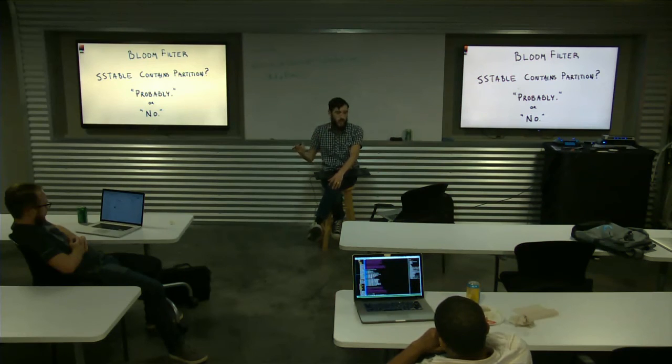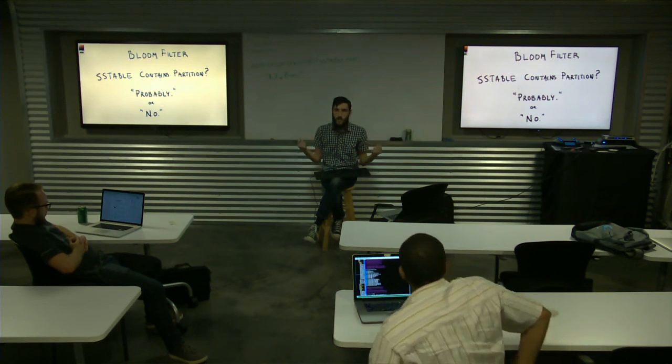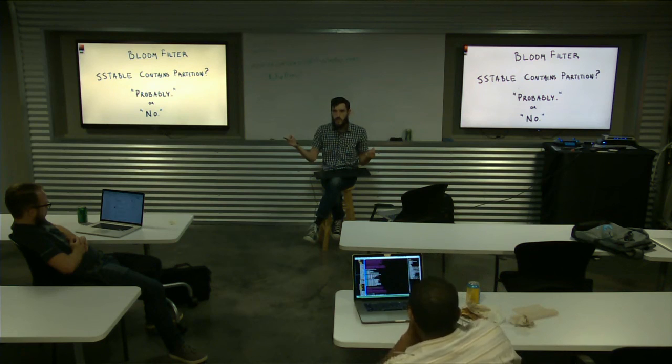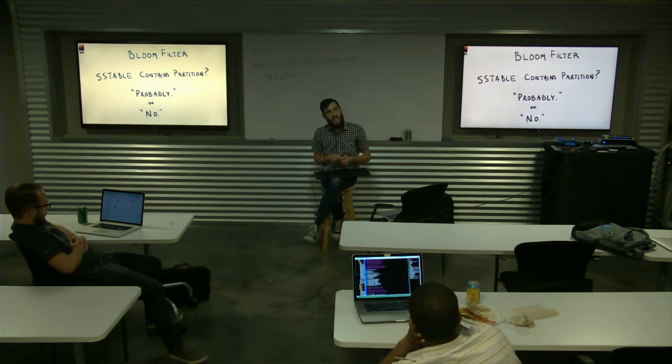It's really quick, and the way it does it is it essentially runs the key through a set of hashes, and the hashes all map to a very small number. So say for a single key, if you run it through 12 hashes, you'll get about 12 different numbers. The Bloom filter keeps track.